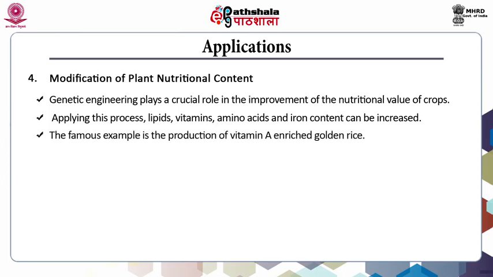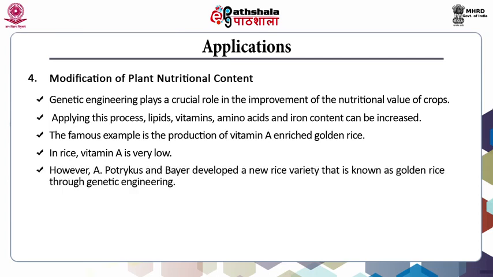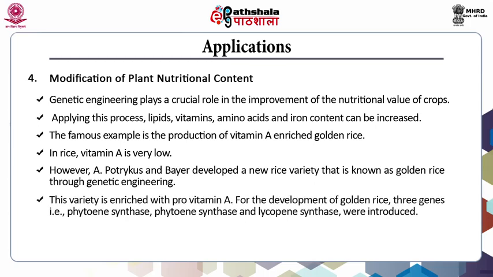The famous example is the production of vitamin A enriched golden rice. In rice, vitamin A is very low. However, Potrykus and Beyer developed a new variety of rice known as golden rice by a genetic engineering technique. This variety is enriched with provitamin A.